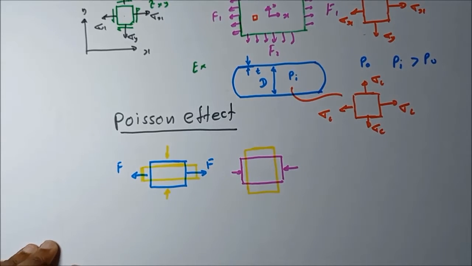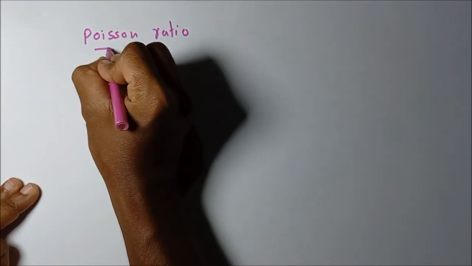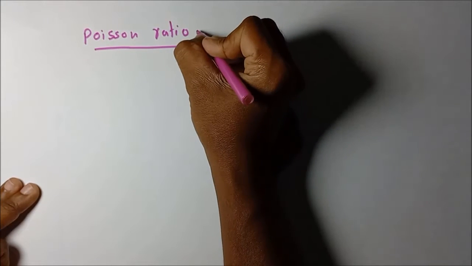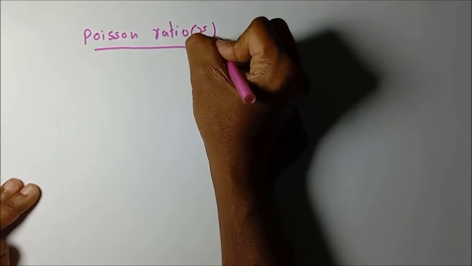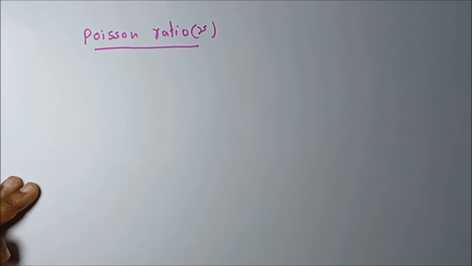Let me explain that Poisson ratio. The symbol used is nu. Actually, it is a measure of the Poisson effect for a certain material.